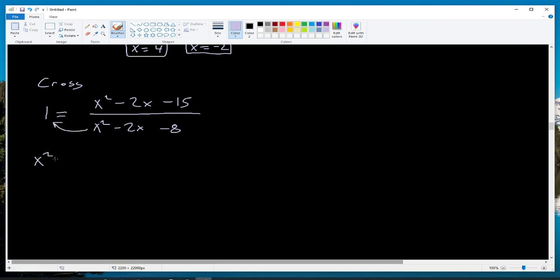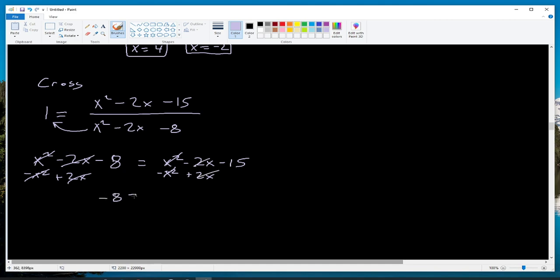So we get x squared minus 2x minus 8 equals x squared minus 2x minus 15. We can subtract x squared from both sides. They cancel. We can add 2x to both sides. They cancel. We get negative 8 equals negative 15, which doesn't make sense. So in this case, no, they don't actually cross.